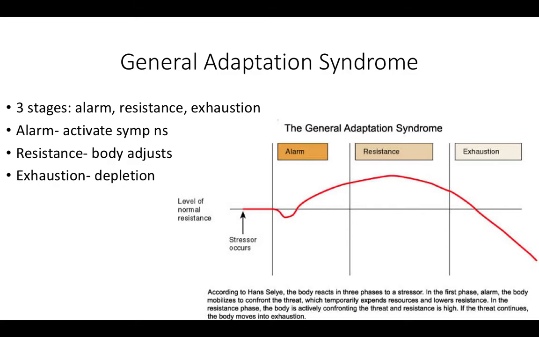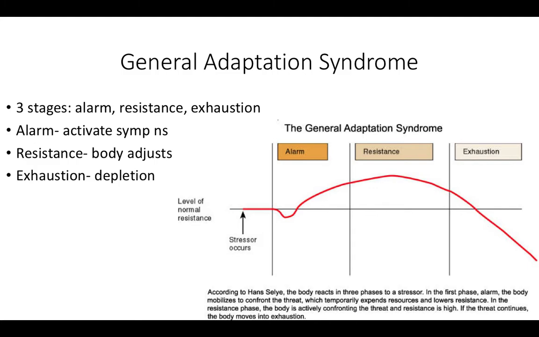And this is when, in the exhaustion phase, stress is linked to a variety of infectious diseases that are opportunistic because your immune system is actually compromised.